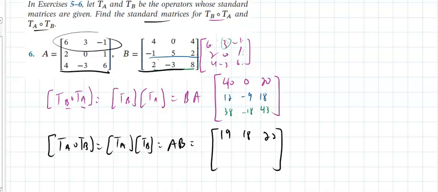Now to find the second, I use the second. That will be 8 plus 0 plus 2, that's 10. I'll get 0 plus 0 minus 3, that's negative 3. And I'll get 8 plus 0 plus 8, that's 16. And for the third, I use the third.